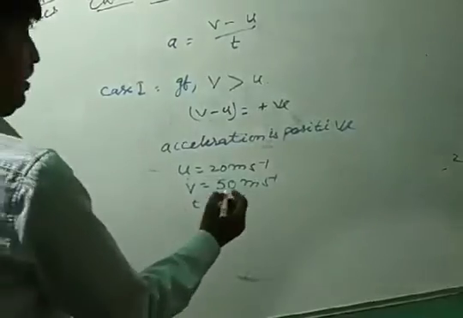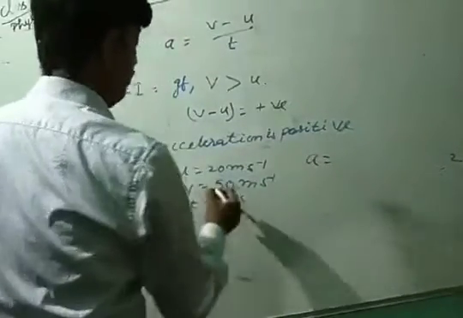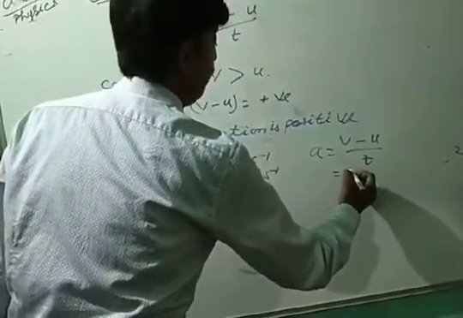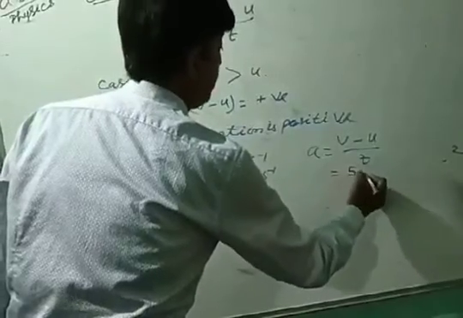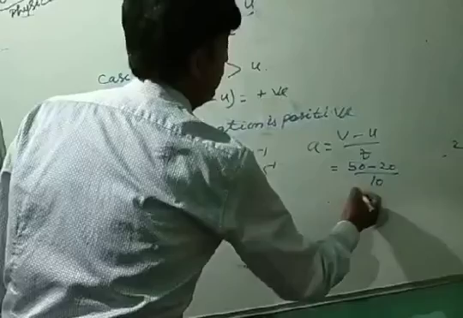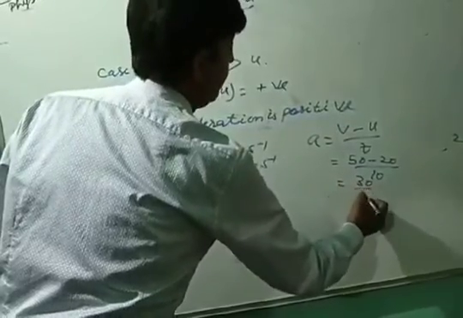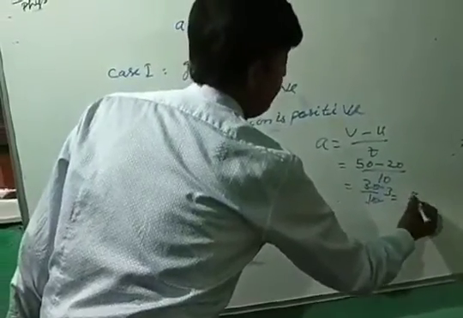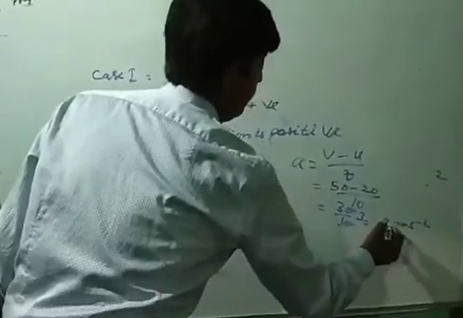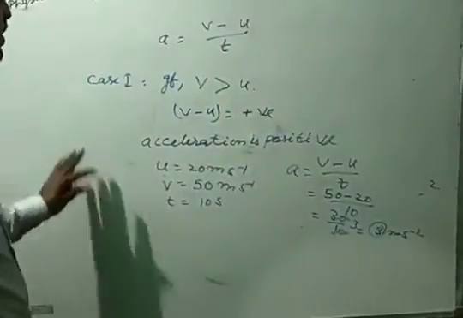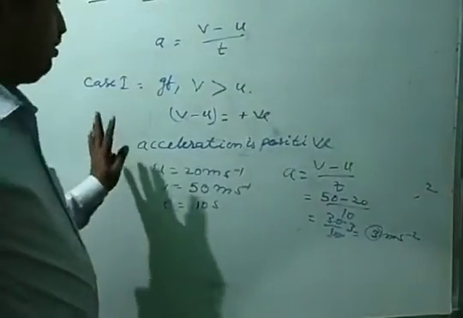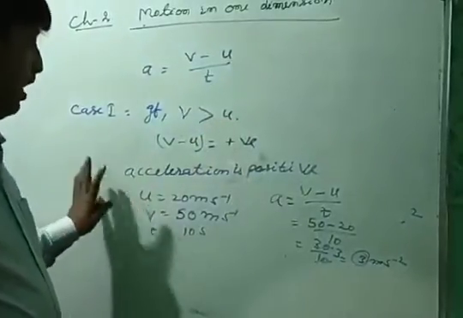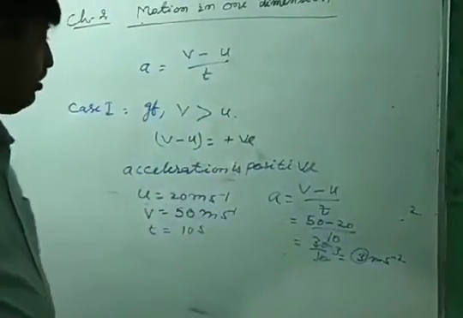Then acceleration is equal to v minus u by t, which is 50 minus 20 by 10, that is 30 by 10. The value of acceleration is 3 meter per second square. Here 3 is positive, so acceleration is positive. That means if the final velocity is more than the initial velocity, acceleration is positive.